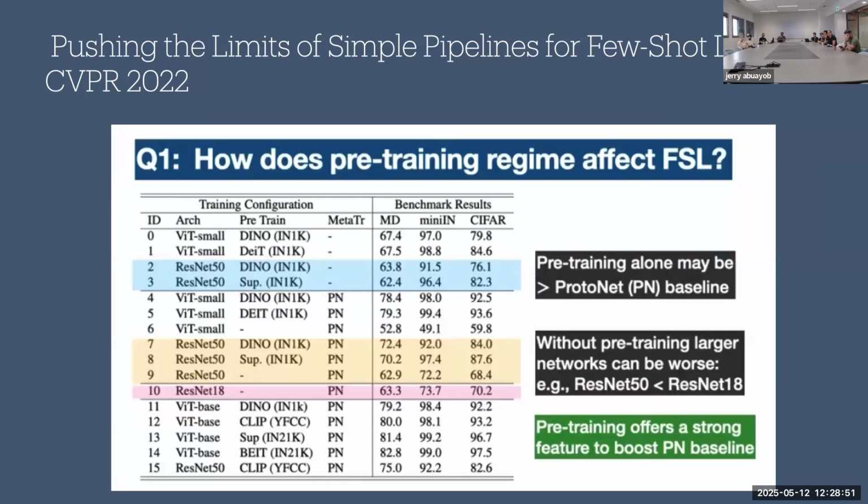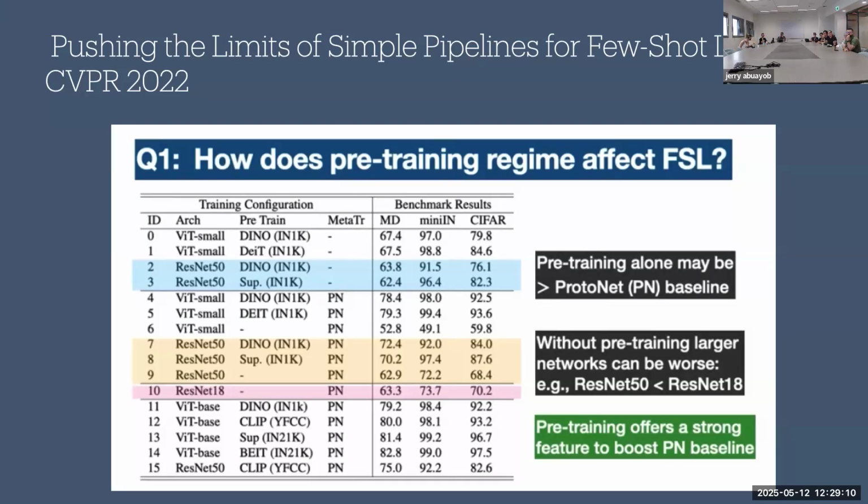So if we look at the results, we can infer that the backbones really do make a difference. Without pre-training, which is the orange and red box, I don't have the cursor over here, but you can hopefully see it, large networks don't work so well.